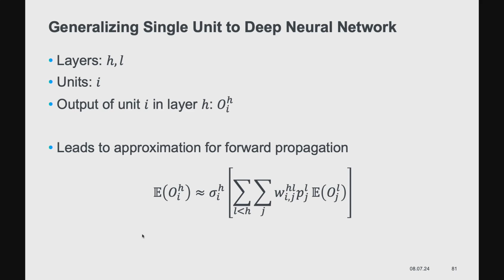And when one then looks at the output of a unit i in a certain layer H, then the expected value is the sigmoid of this weighted result from the previous layer.